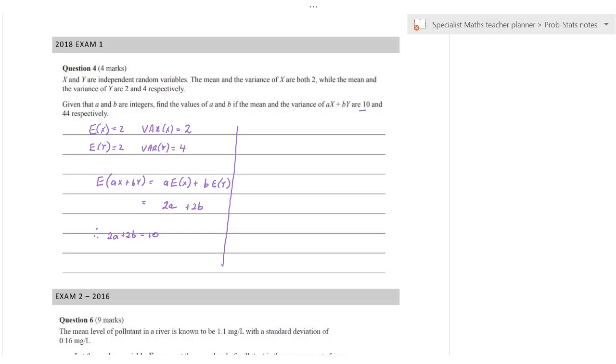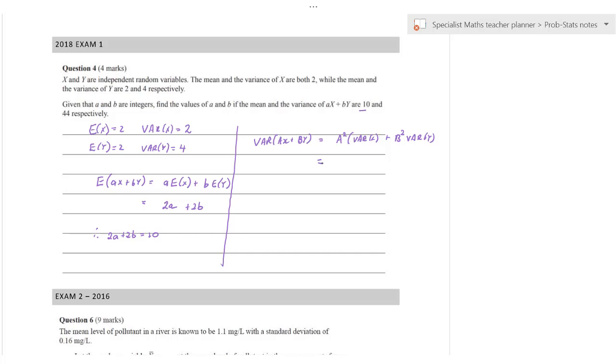And now what we're going to do is the variance of AX plus BY. That is equal to A squared times the variance of X plus B squared times the variance of Y. So let's go ahead, and that is equal to, what have we said?